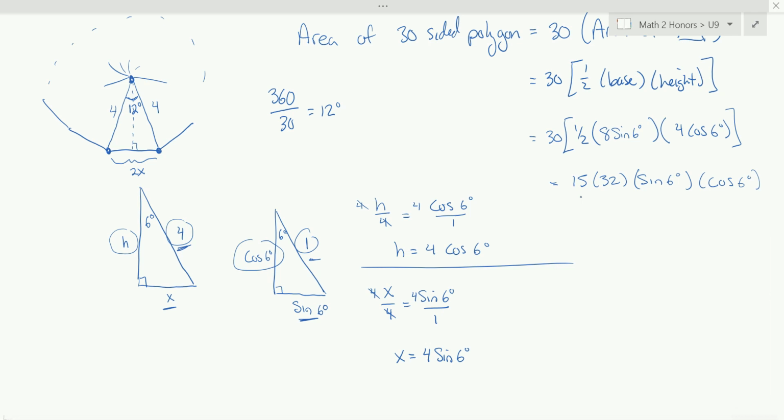But if you have a calculator, make sure it's in degree mode and try it out. And rounding to the nearest hundredth, we're going to get approximately 49.90.